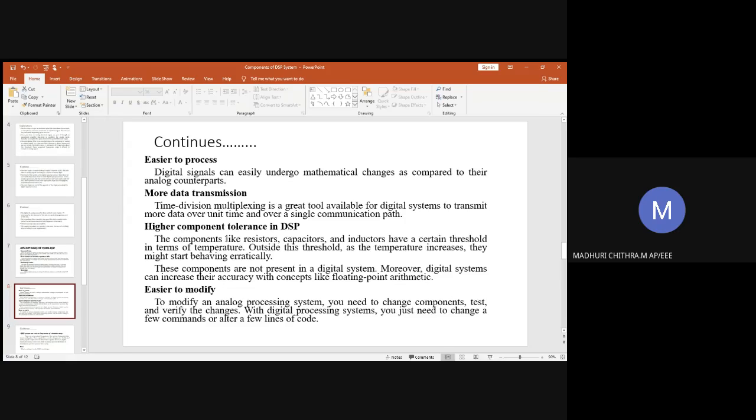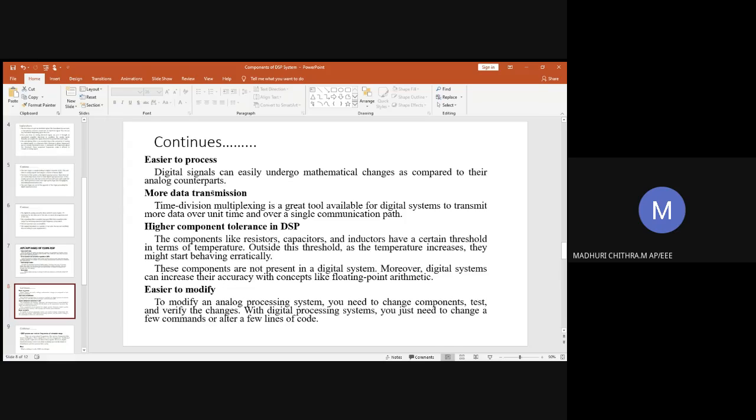Easier to process means digital signals can undergo mathematical changes compared with their analog counterpart. More data transmission means it can transmit more data per unit time over a single communication path. Next, higher component tolerance in DSP. Components like resistors, capacitors, and inductors have a certain threshold in terms of temperature.